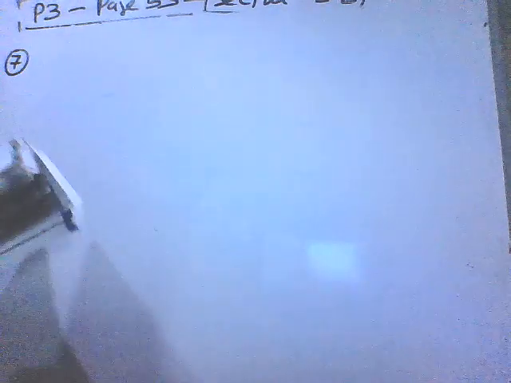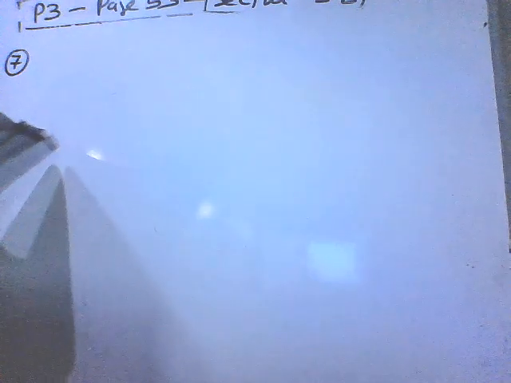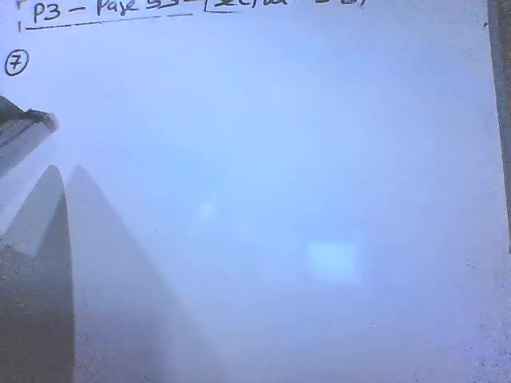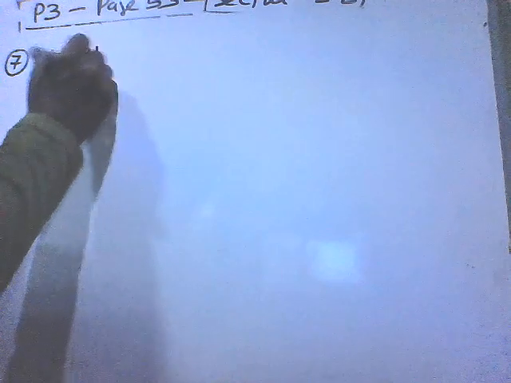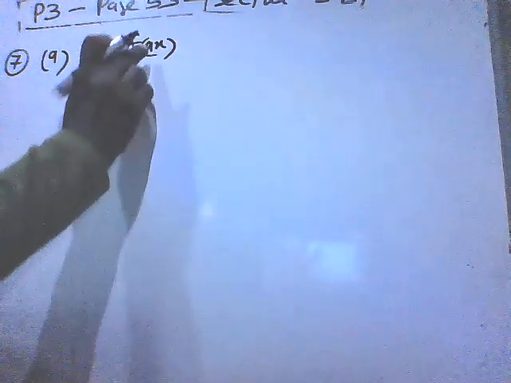For question 7, I will tell you what transformations you should do, and then I will do some selected questions from question 7. First of all, question 7 part A is sec 2 theta. So it is the transformation of y equals f(ax), which means getting multiplied.